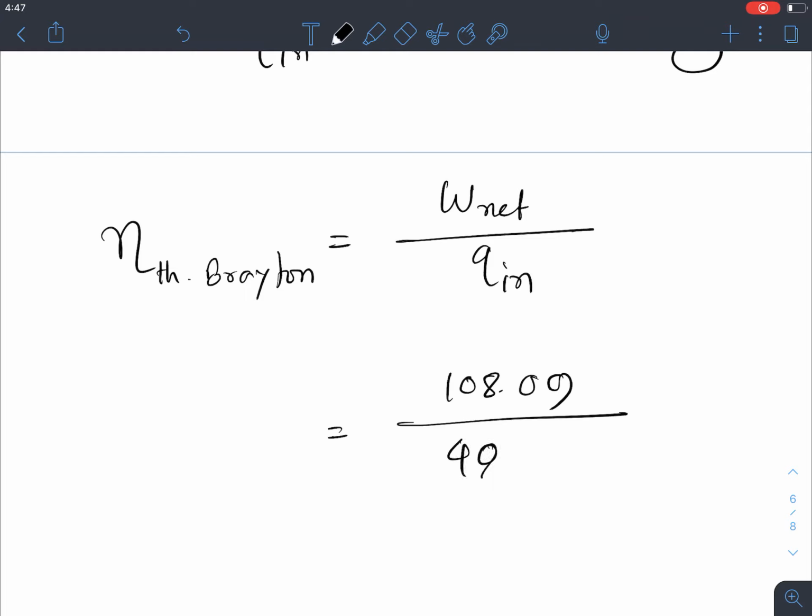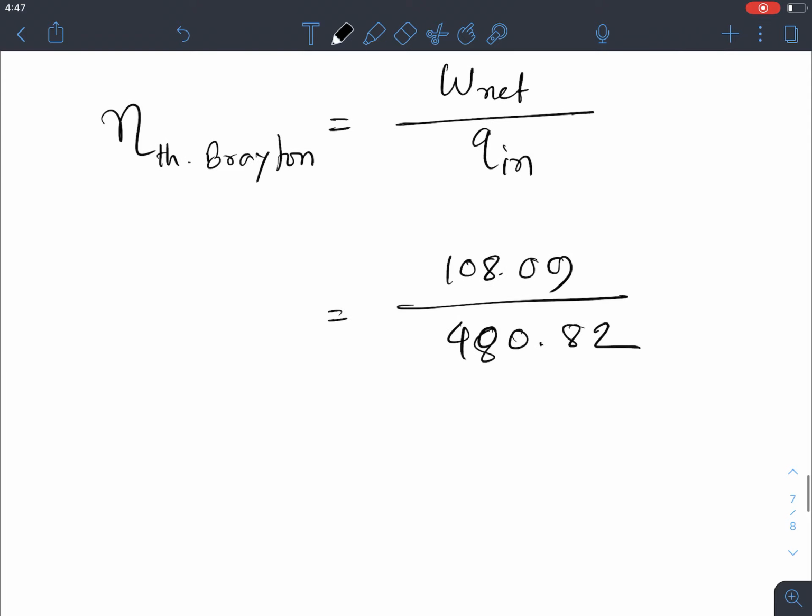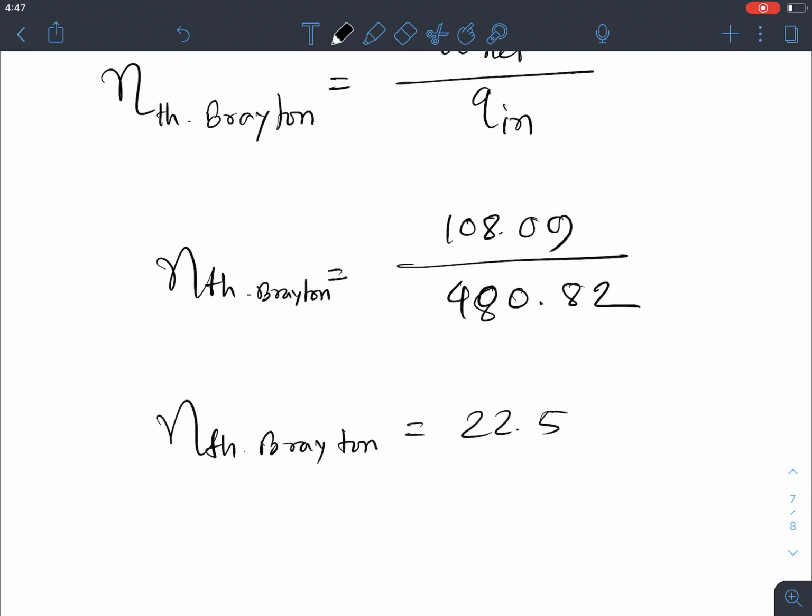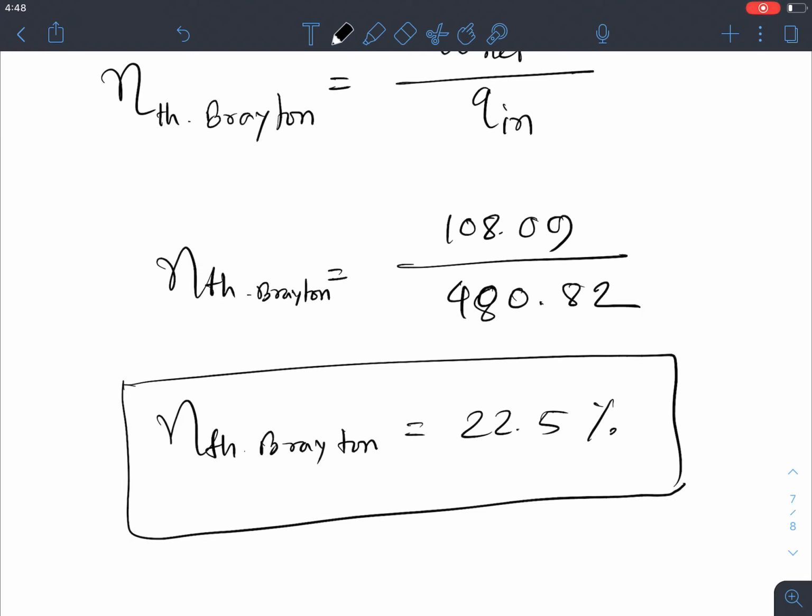So W net we got 108.09, divided by 480.82. So the thermal efficiency is 22.5%.